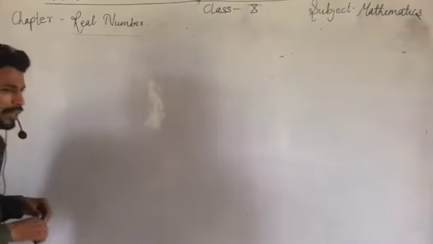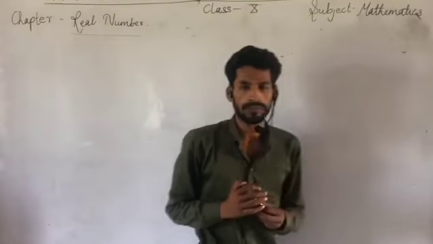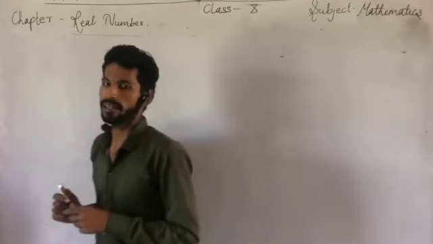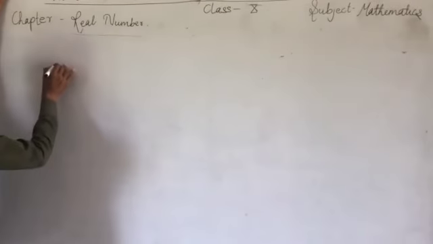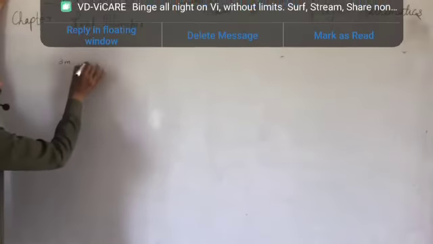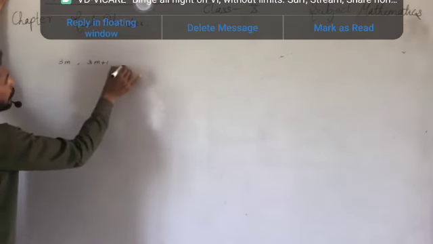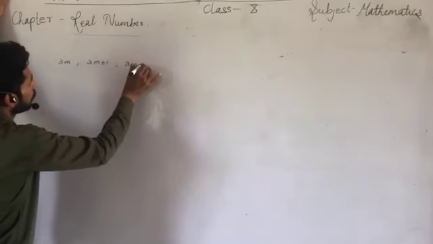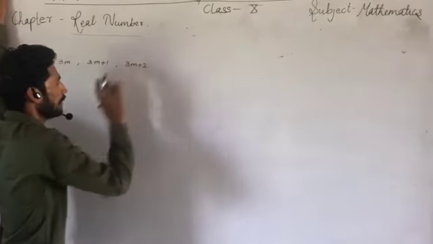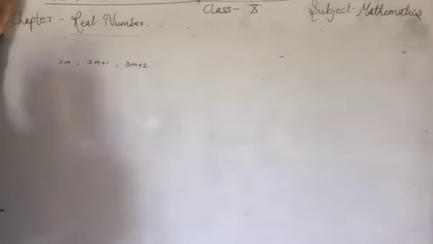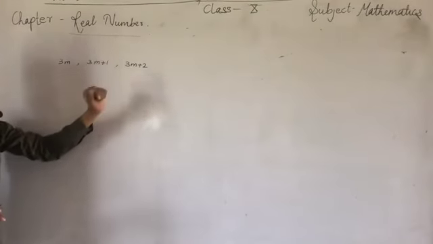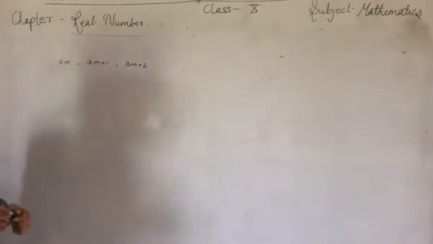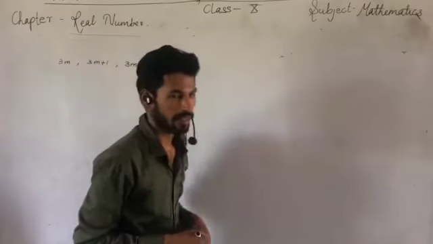Suppose you go to solve the questions in your NCERT books, you will find questions like: prove that 3m, 3m plus 1, 3m plus 2 are positive integers. The question will be written there: prove that 3m, 3m plus 1, 3m plus 2 are all positive integers.